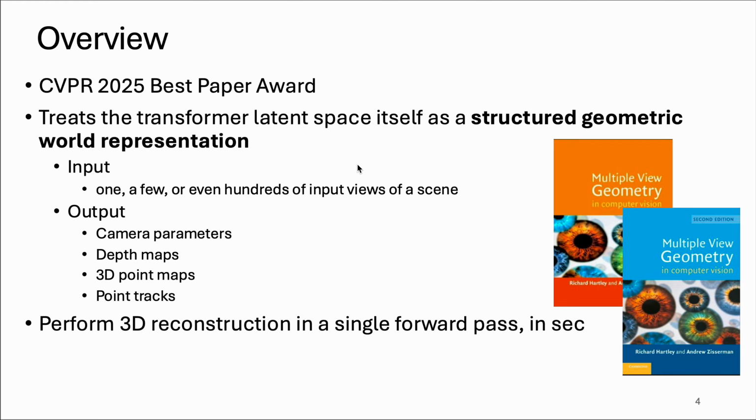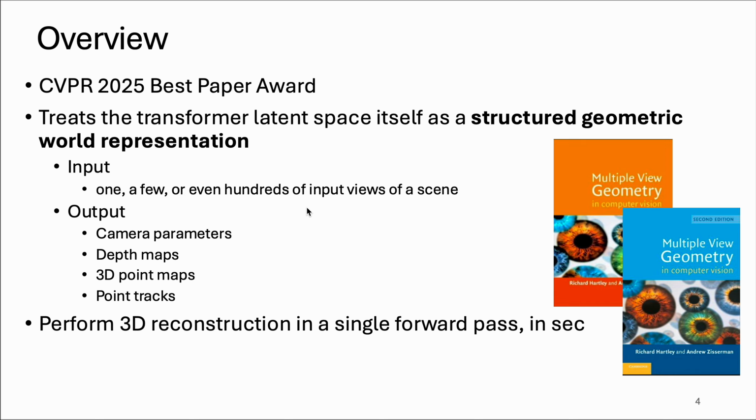As we saw in the previous slide, the input to the network is very flexible, including one image, a few images, or even hundreds of input views of the scene. This is a very flexible requirement for multi-view geometry, because in the classical method, at least two views have to be provided, but here any number of views is possible.